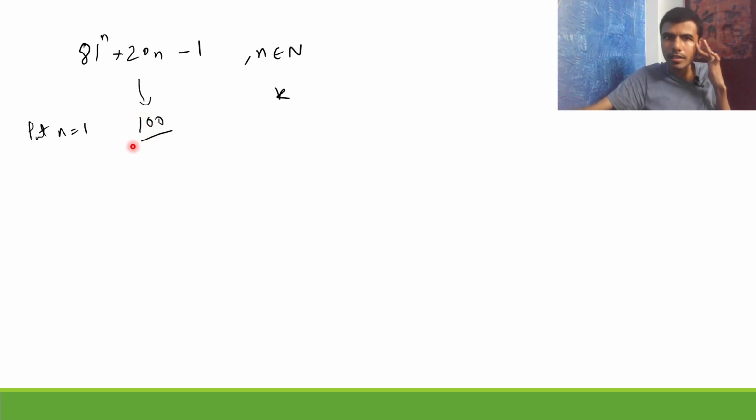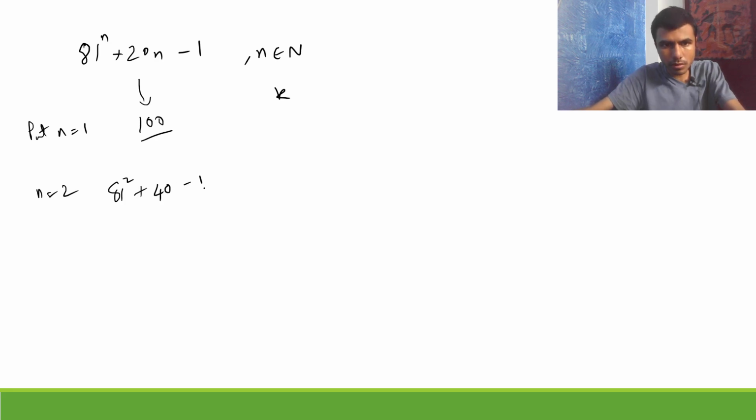Now let's put n as 2. 81 squared plus 40 minus 1. 81 squared is 6561. How did I get it? 80 squared is 6400.